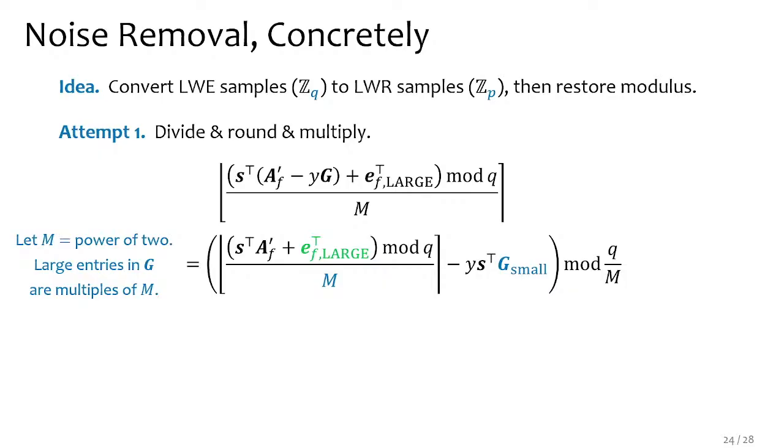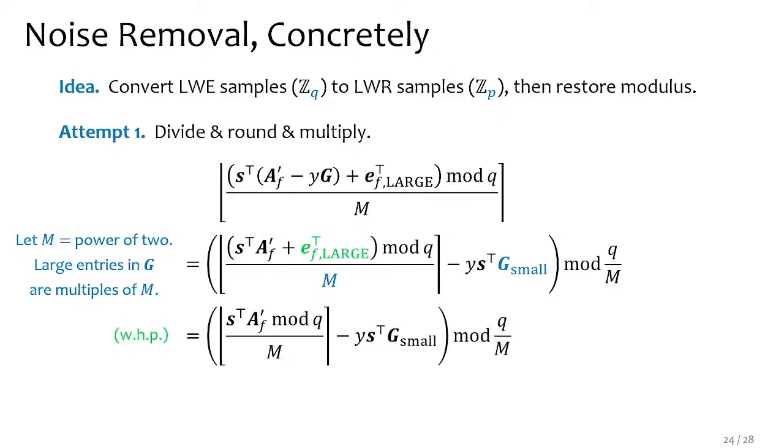And then the next is to note this: the noise value is large, but it's not that large. Therefore, it will rarely hit the boundary of carry and borrow. Therefore, you can just remove it from the rounding, and the rounding result will not change with high probability.